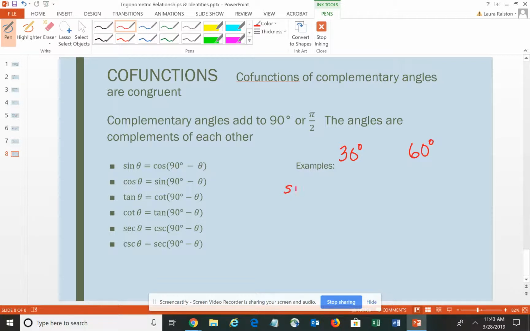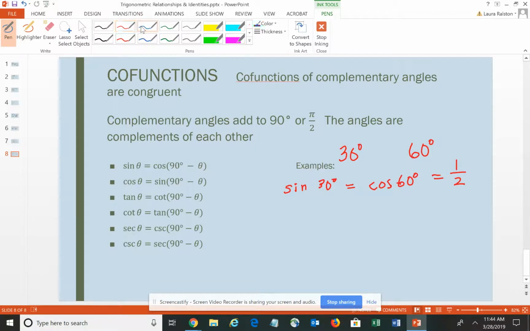So let's think about this. We're saying that the sine of 30 degrees would be the same as the cosine of 60 degrees. If you go back and look at the unit circle, at the sine value for 30 degrees and the cosine for 60 degrees, you're going to find that they both equal positive 1/2.